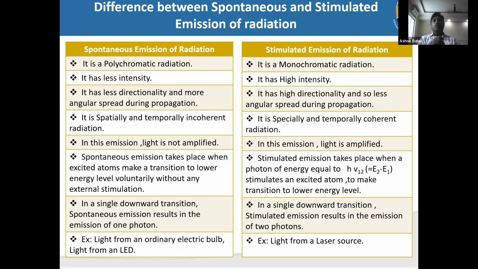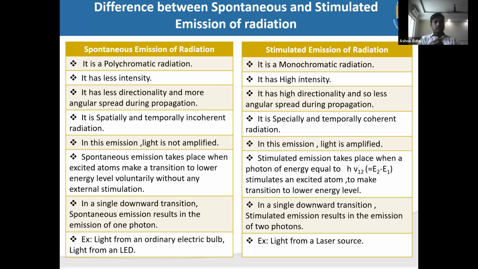When two rays are in phase, we call them coherent. That will not occur in the spontaneous emission process. In this emission, light is not amplified. Stimulated emission is used to amplify the light.